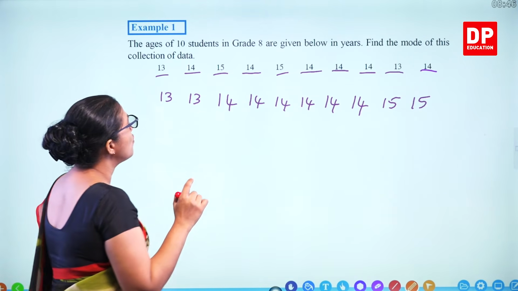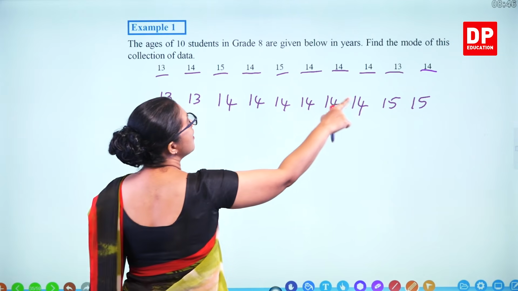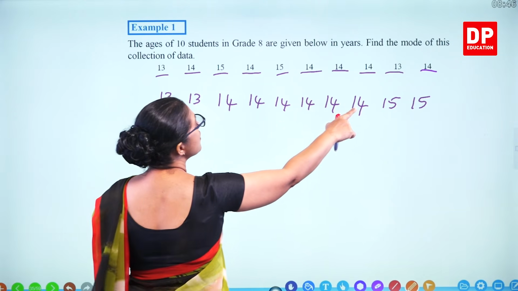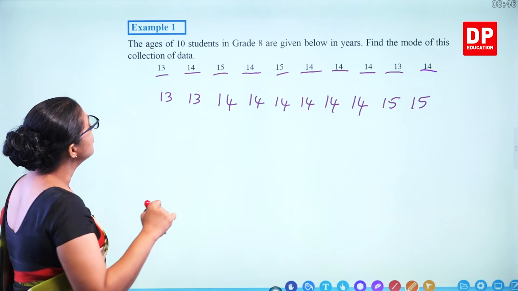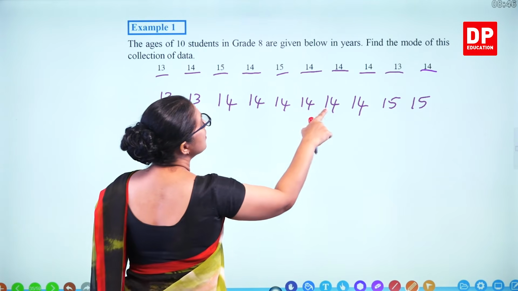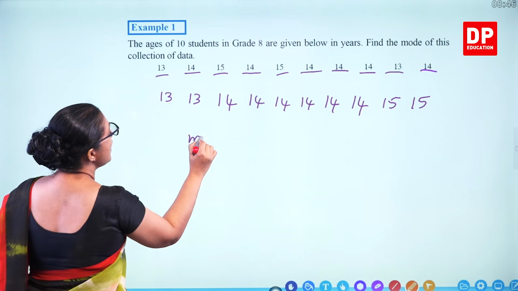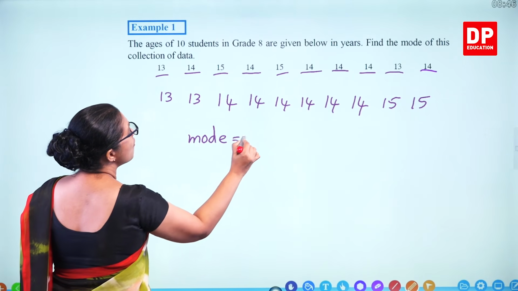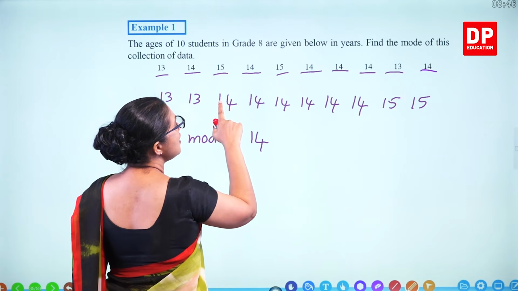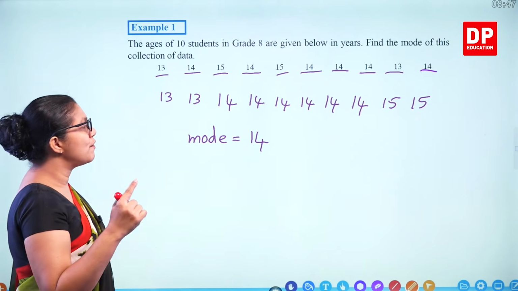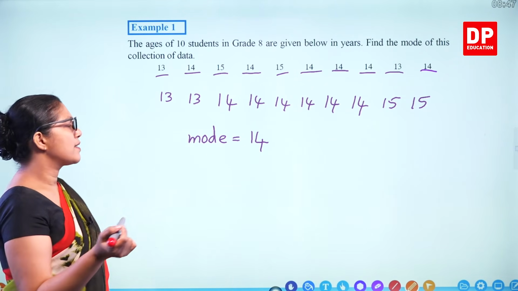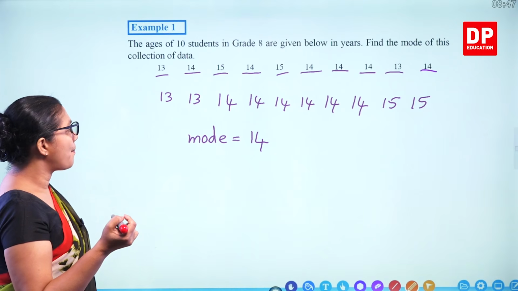So you can see the most frequent value is 14. So the mode is straight away 14, because 14 appears how many times? 1, 2, 3, 4, 5, 6. 6 times, and 15 and 13 only twice. Most frequent number.